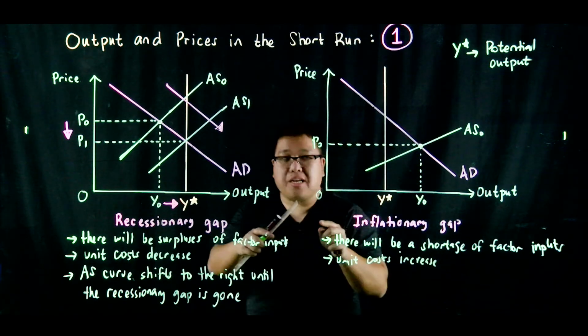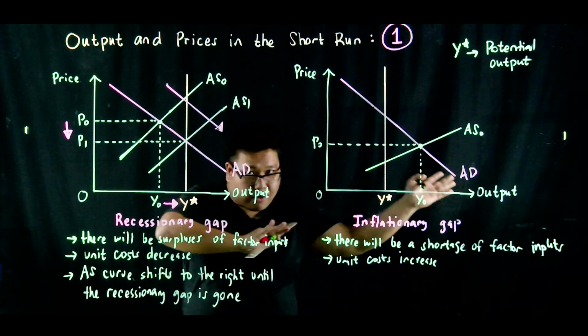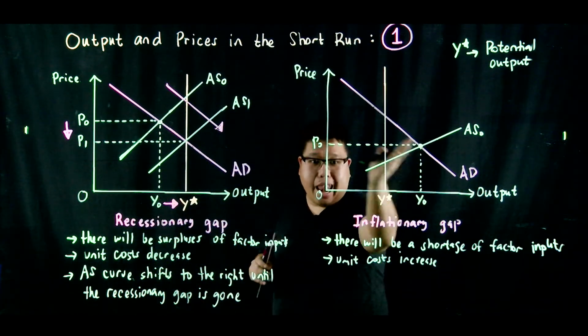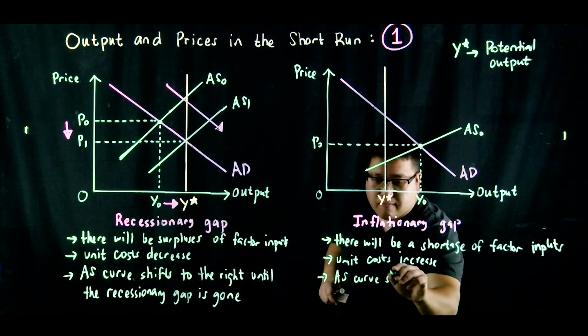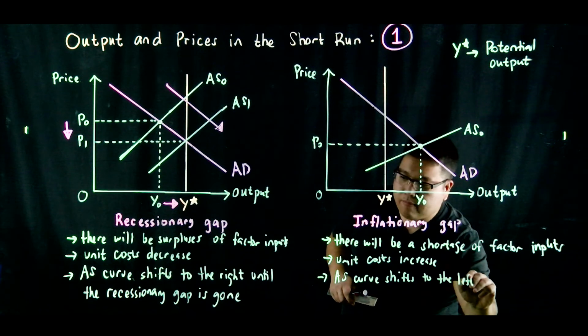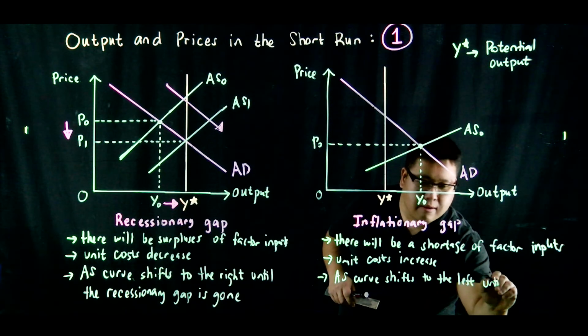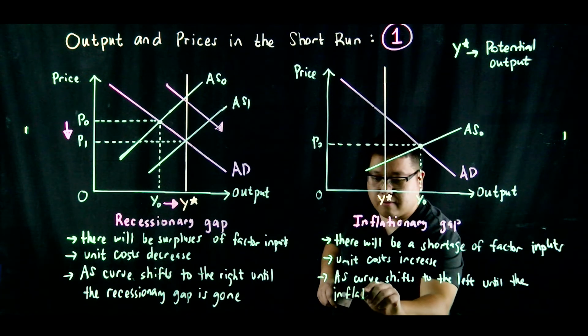And when unit costs increase, there will be a contraction of supply in your economy. Your aggregate supply curve will shift to the left. So AS curve shifts to the left until the inflationary gap is gone.